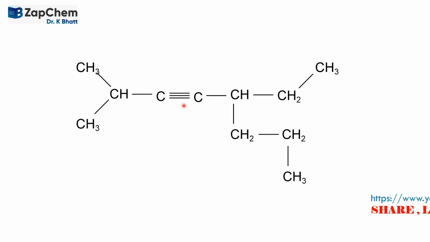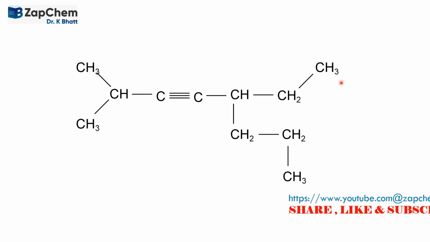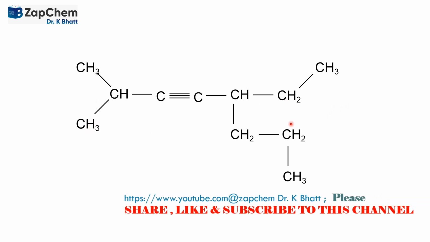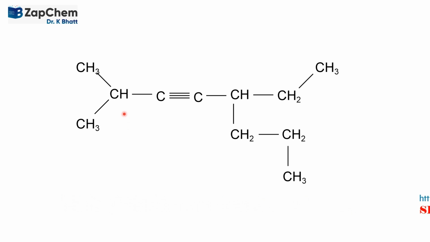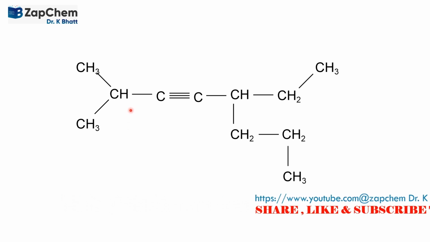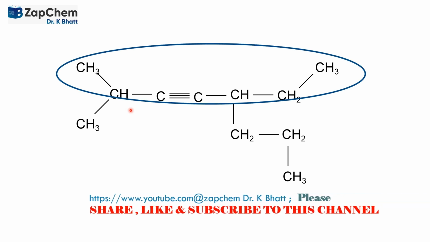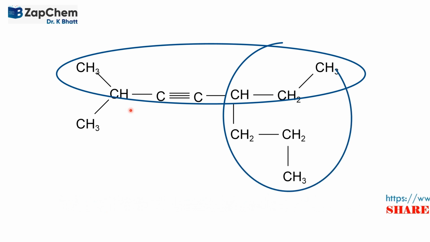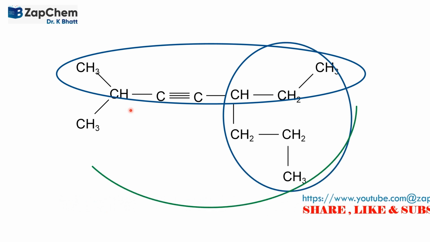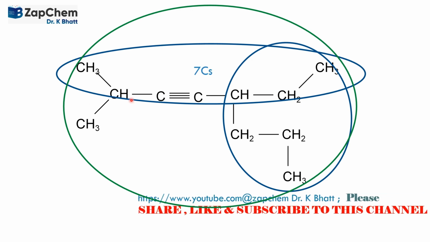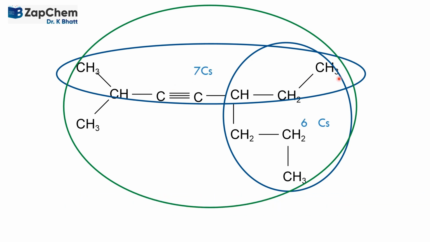Now in this case we don't find any functional group; it is only the longest chain containing carbon atoms, and there might be substituents here. So let us find out the longest chain. There are possibilities of 3 longest chains as represented here. There is a chain with 7 carbons, and a chain with 6 carbons.